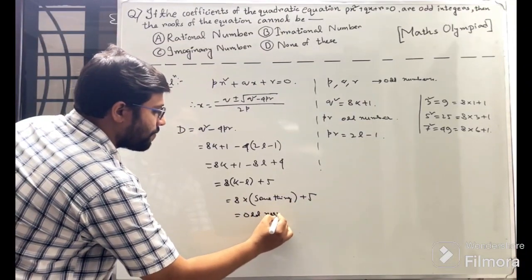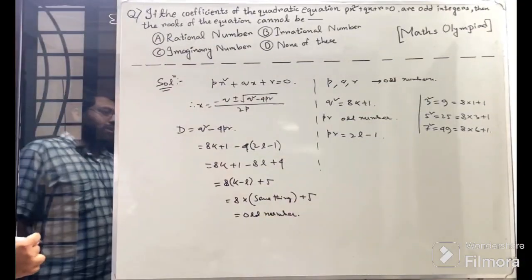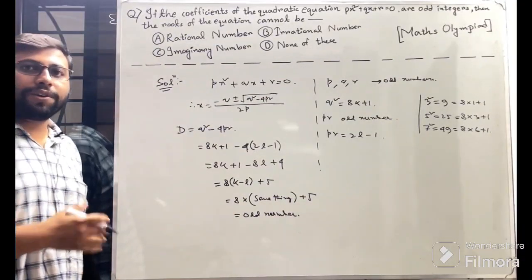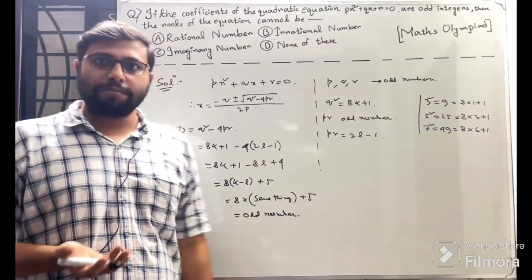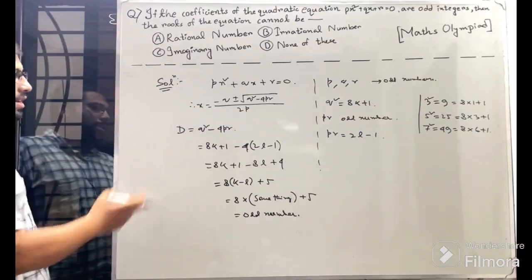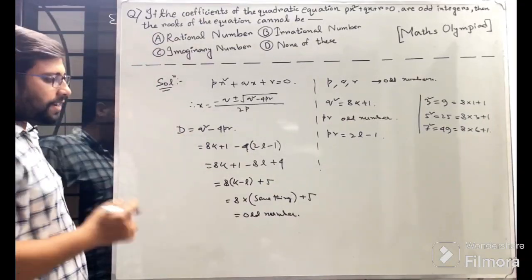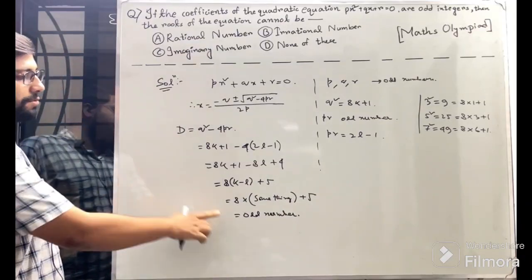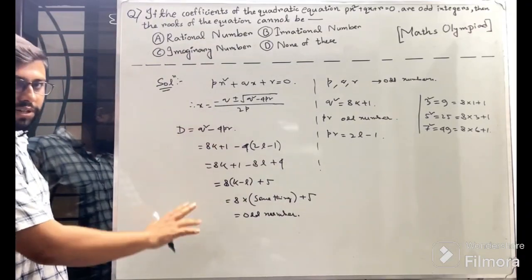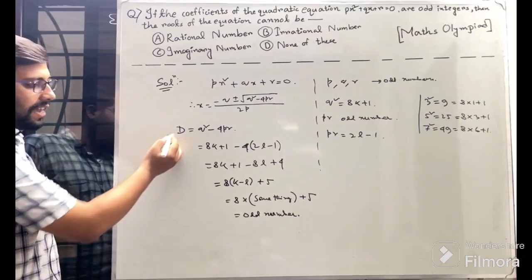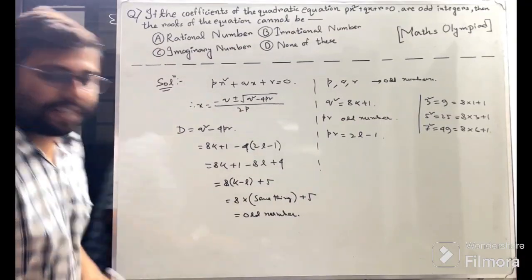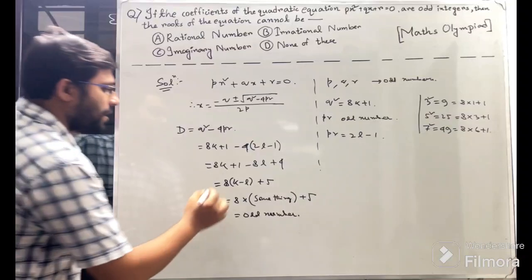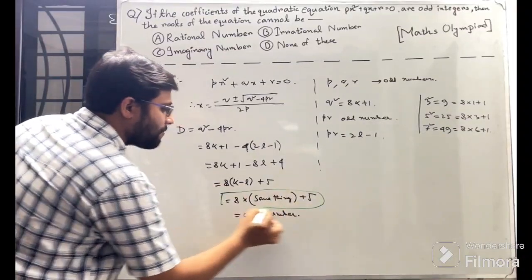We know that the square of an odd number is an odd number. So if D is to be a perfect square, then D must be of the form 8k plus 1. This is a contradiction, as we can see that D is of the form 8k plus 5.